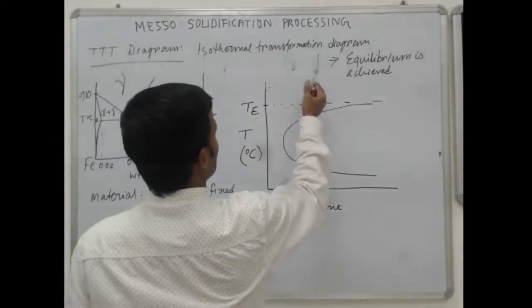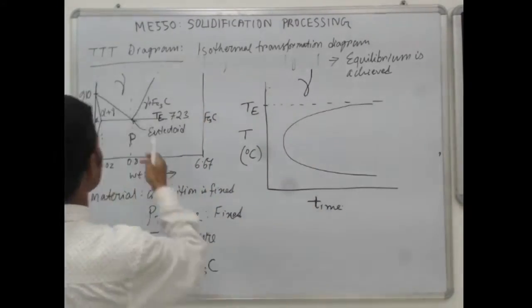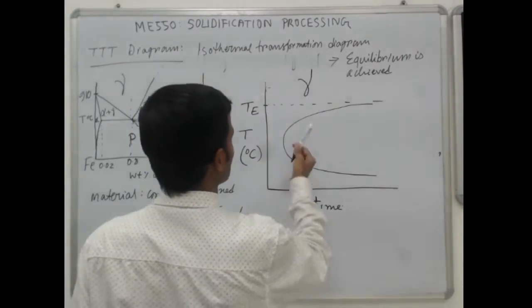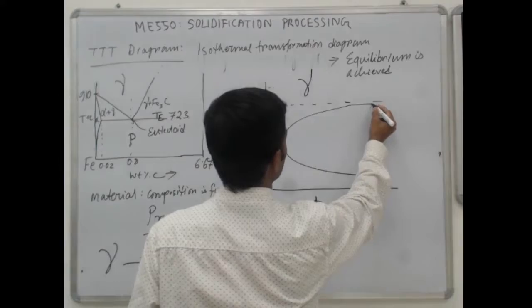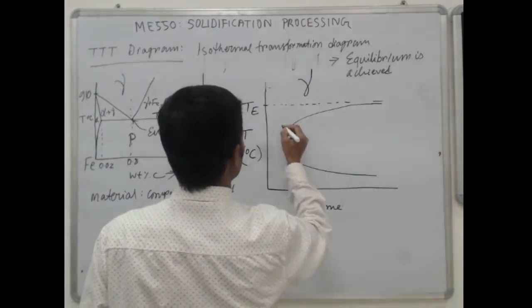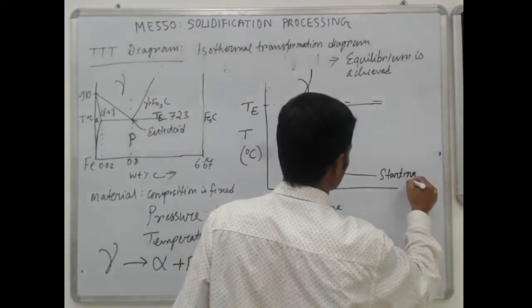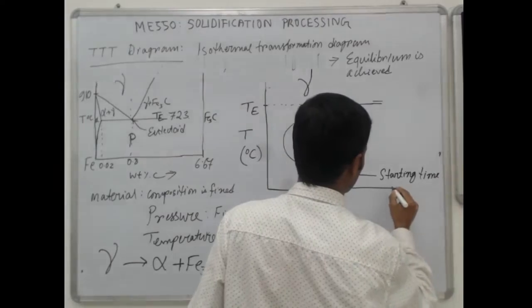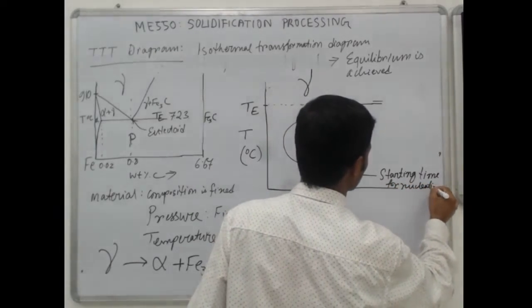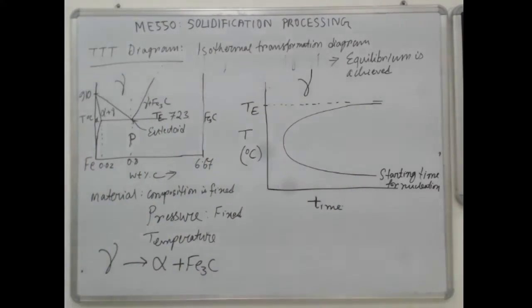Above this eutectoid temperature you have stable gamma phase. Now this figure shows the starting time for nucleation of what?